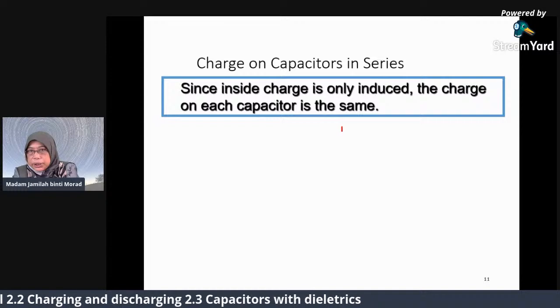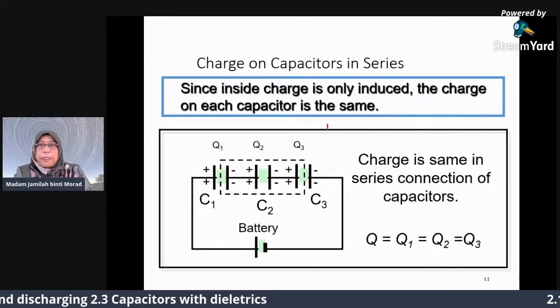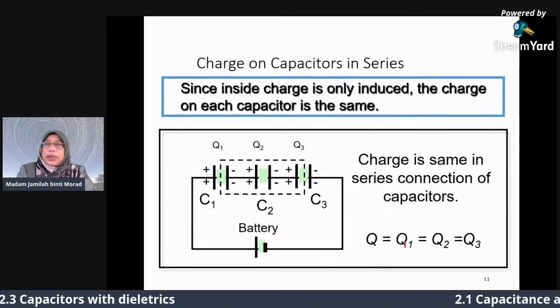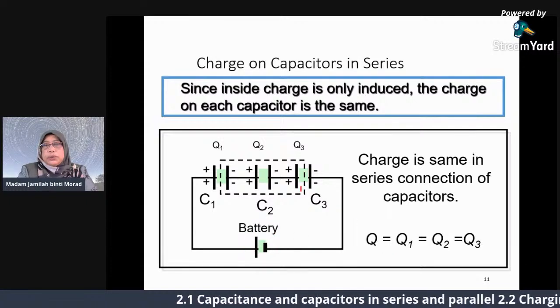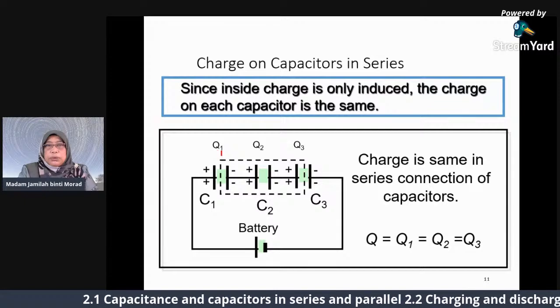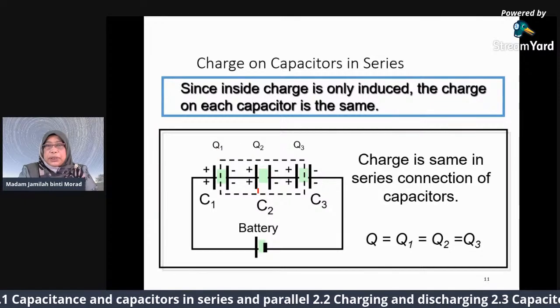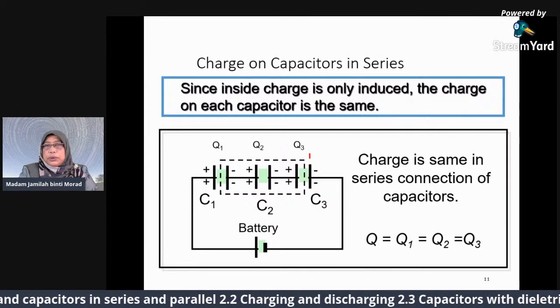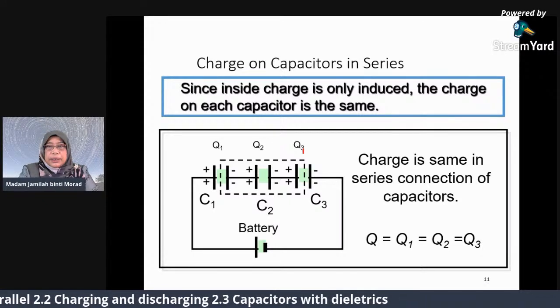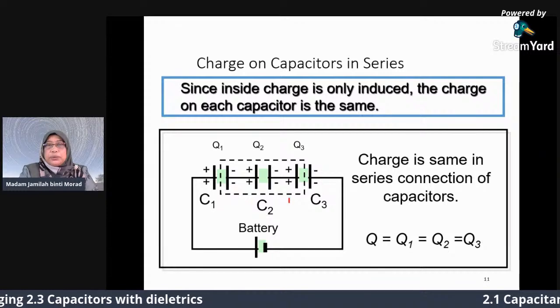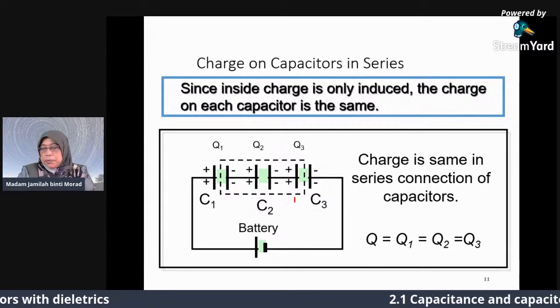The total Q delivered from the battery equals Q1, equals Q2 on capacitor C2, equals Q3 on capacitor C3. So the charge is the same for C1, C2 and C3.